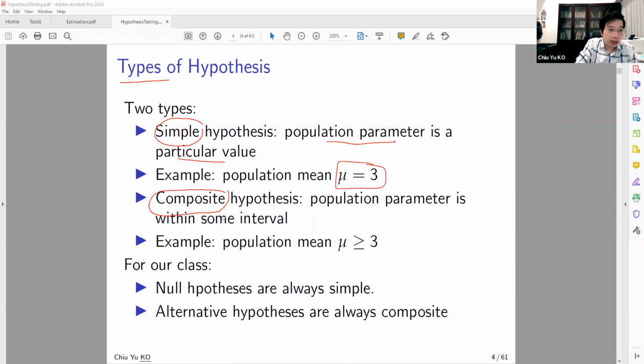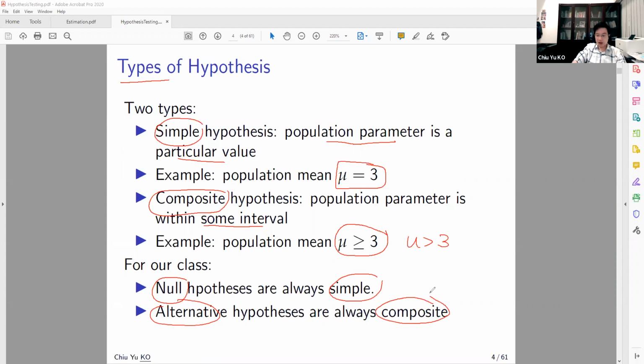If it's within some interval, like mu is bigger than or equal to 3, or mu is bigger than 3, that is also fine, it doesn't have to be equal, but these are different things. For this class, our null hypotheses are always simple and our alternatives are always composite. Why is that the case? Because these are the simplest cases we can analyze. Beyond that will be more complicated.